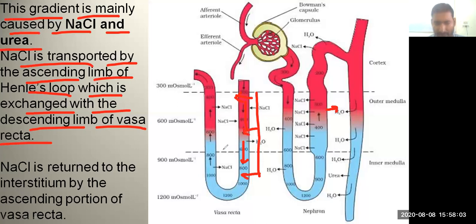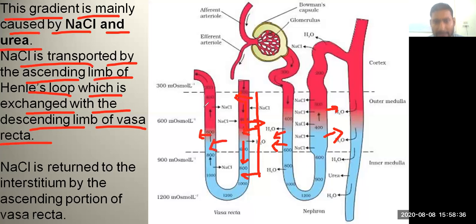Okay. Now here they have given the NaCl entry, and in this case this is the limb loop of Henle. Just opposite, you can see this is the descending limb of the loop of Henle, and here it is the ascending limb of the Vasa recta. Okay, and in the Vasa recta, water comes outside, and where will this water enter? This water enters here, and what will happen?